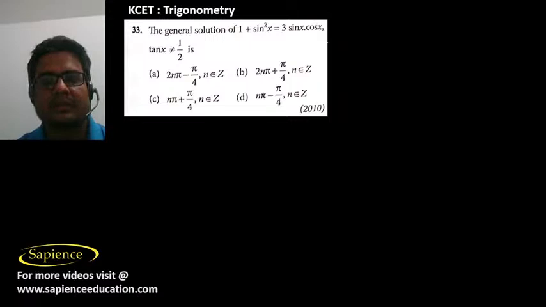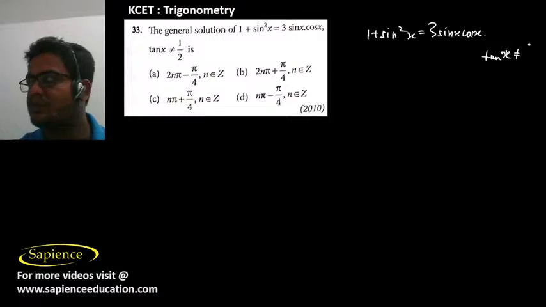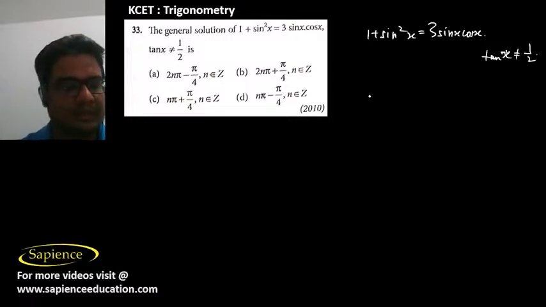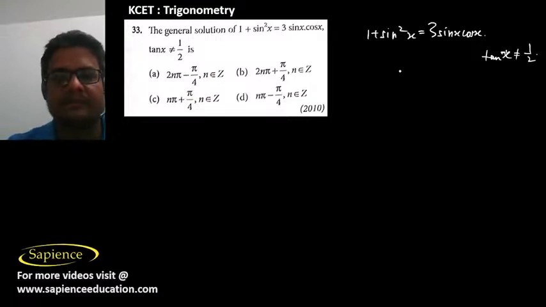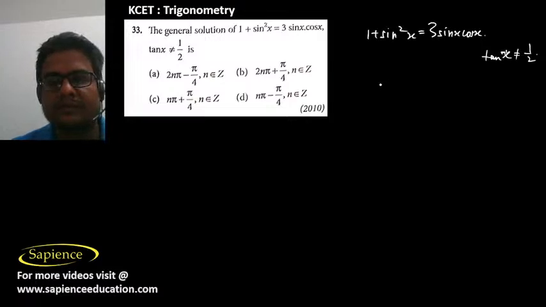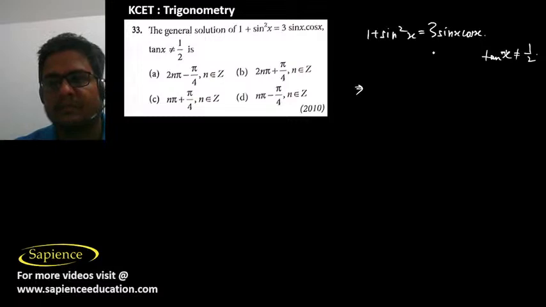Here we have to find the general solution of 1 plus sine square x equal to 3 sine x cos x, where tan x is not equal to half.